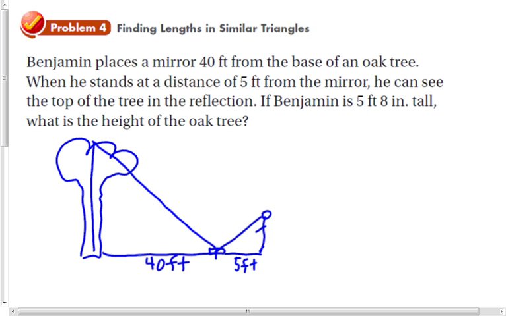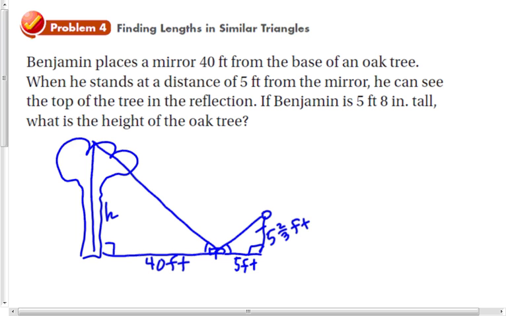So if Ben is 5 feet 8 inches tall, everything else is in feet, so maybe we should put this in feet. 8 out of 12 is 2/3 feet. 5 and 2/3 feet. All right. We want to find h, and we know from the similarity theorems that we have congruent angles and the right angles, so by angle similarity, we know these are similar.